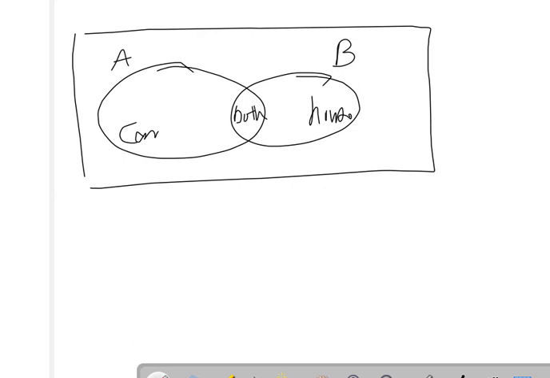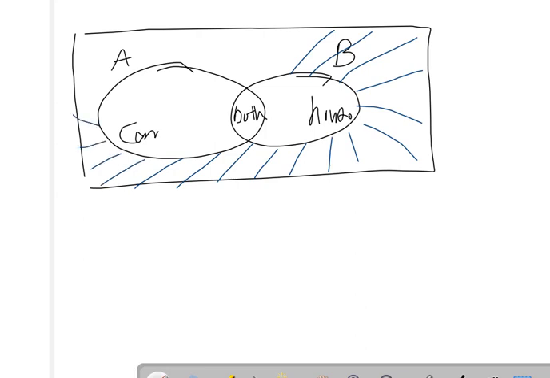And we say owns none of them. So the area is here. No car, no house.